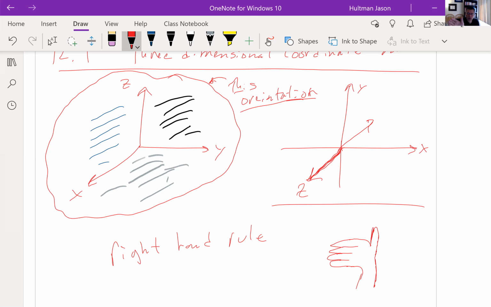We're going to curl, and the curling action is X going into Y. You curl X into Y, and the thumb is always Z. If you follow X to Y, the thumb is always Z. It's called the right-hand rule.